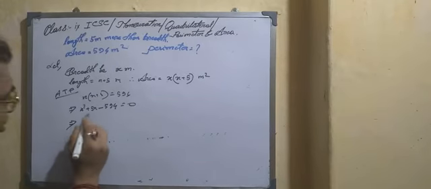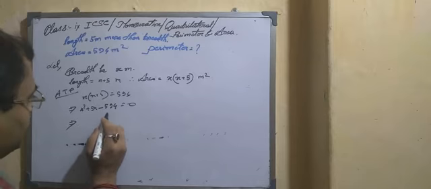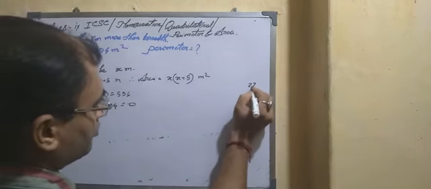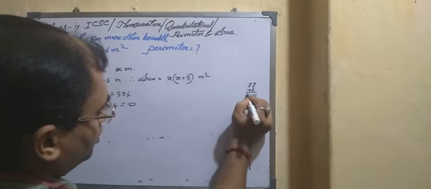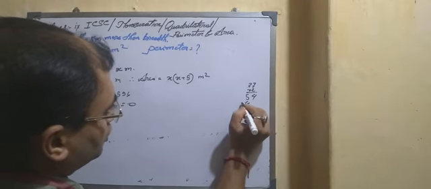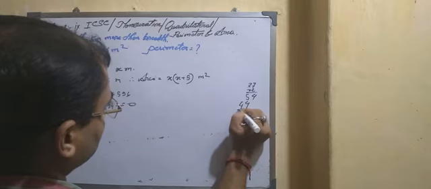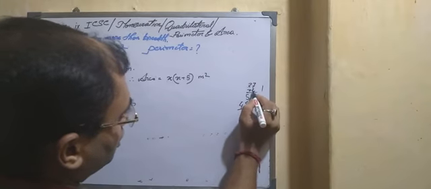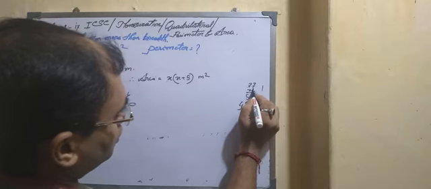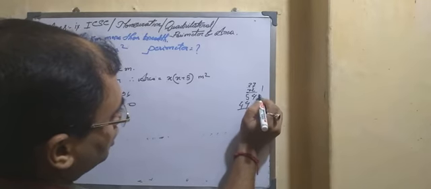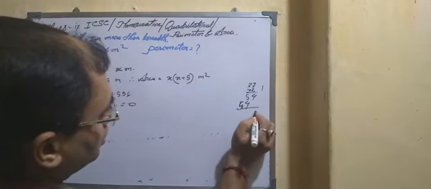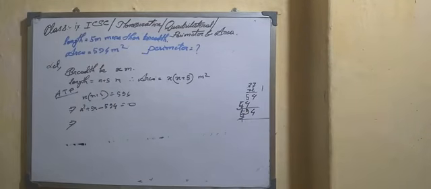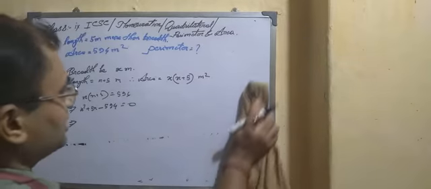We have to do middle term factor here, that means 27 and 22.